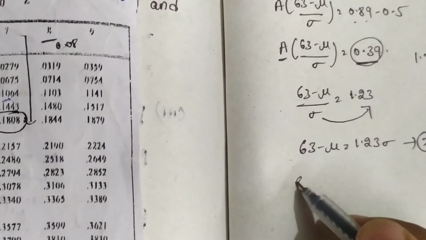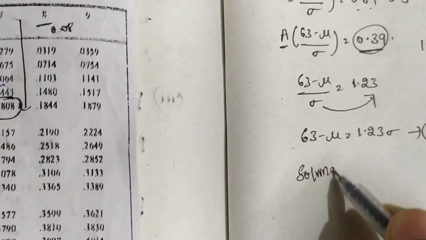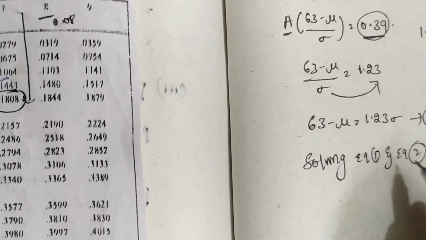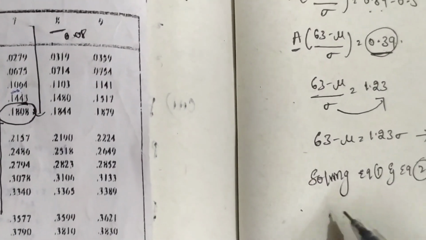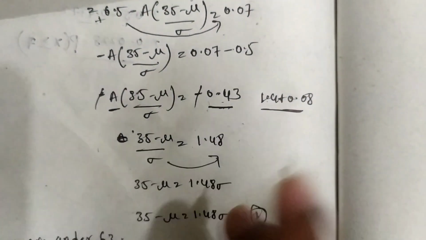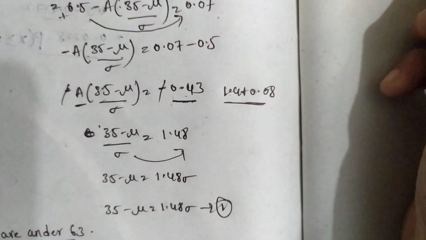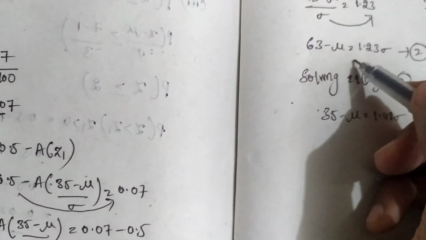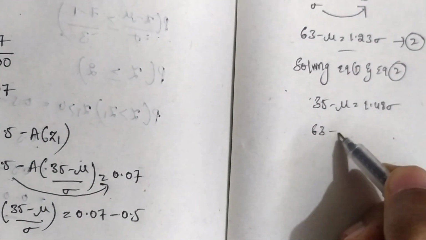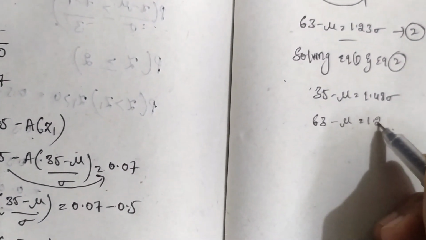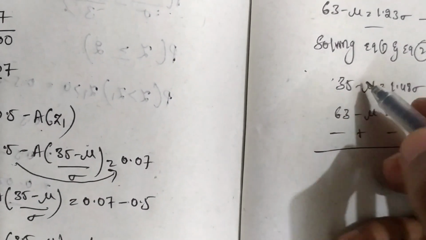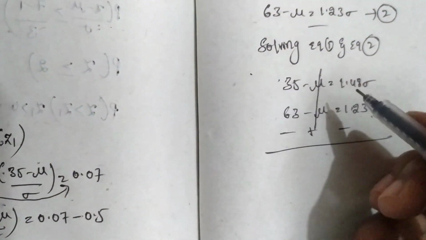By solving equation 1 and equation 2, we get, what is equation 1? Equation 1 is 35 minus mu equals 1.48 sigma, and equation 2 is 63 minus mu equals 1.23 sigma. Here, subtracting, the two mu values get cancelled.